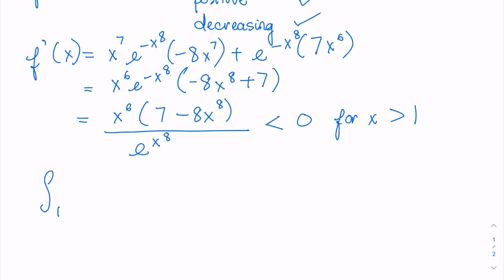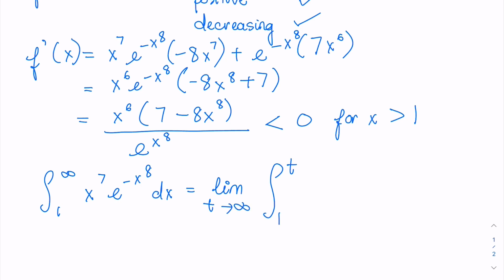I have the integral from 1 to infinity of x to the 7 power, e to the negative x to the 8 power, dx. This gives us the limit as t goes to infinity of the integral from 1 to t of x to the 7, e to the negative x to the 8 power, dx.